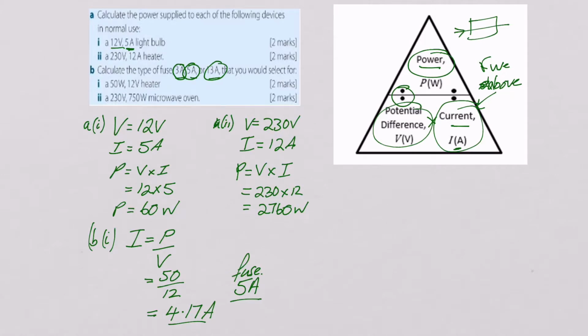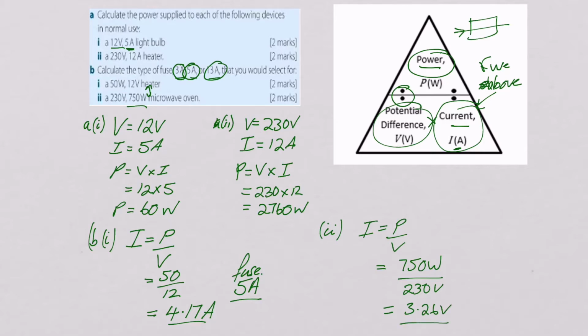Okay, so let's do exactly the same thing for the microwave for part 2. I'm going to use the same equation again, power divided by potential difference. I'm going to put the numbers in. The power this time is 750 watts, being careful that they've swapped the order around to confuse you, dividing by the 230 volts that you get from the normal supply, which gives me an answer of 3.26 amps.